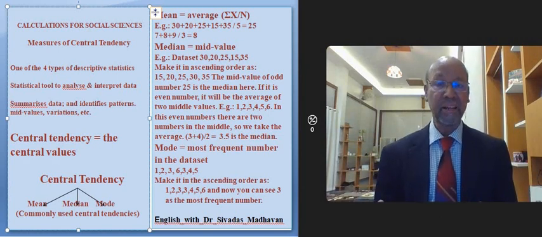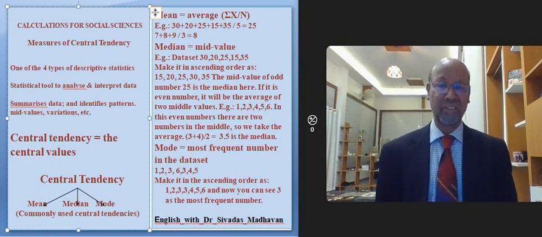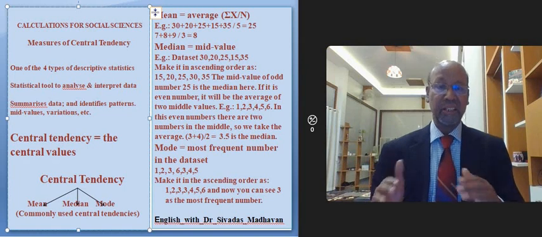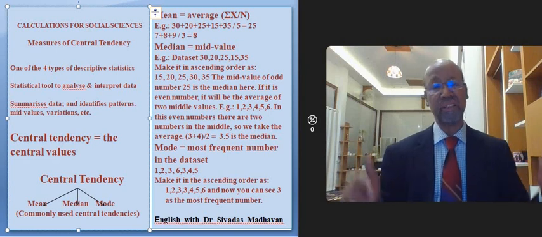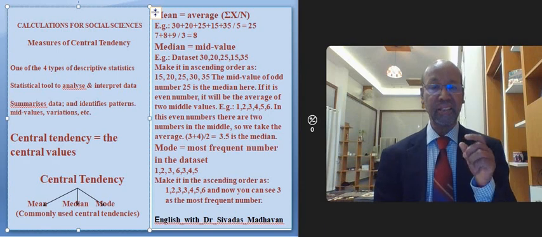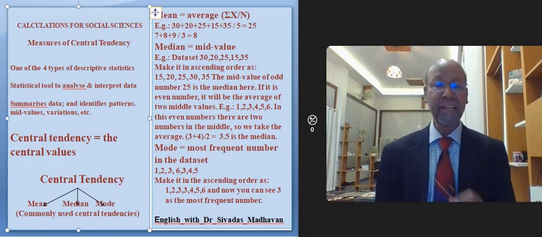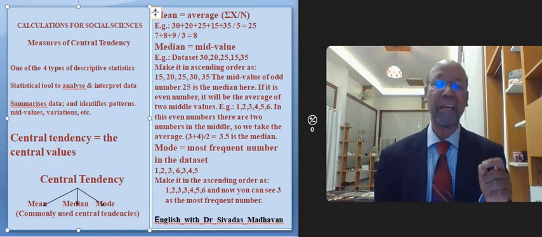So mean is nothing but average. That means the total value of the data points will be divided by the total number of data points. In other words, the equation for the mean is sigma x divided by n.